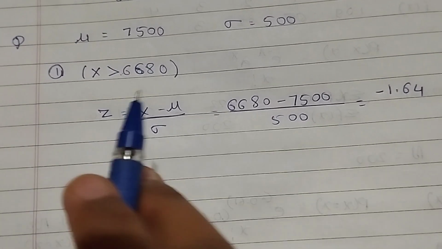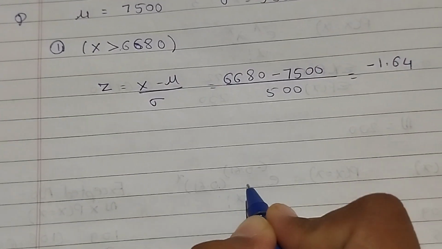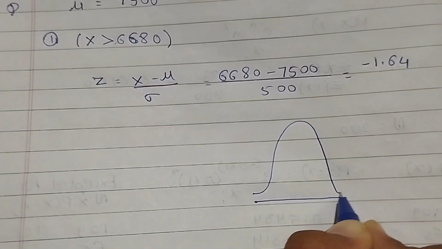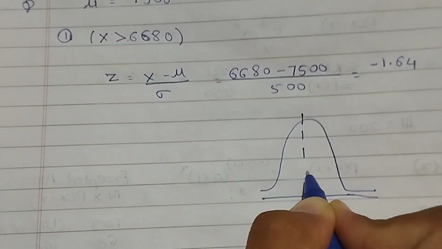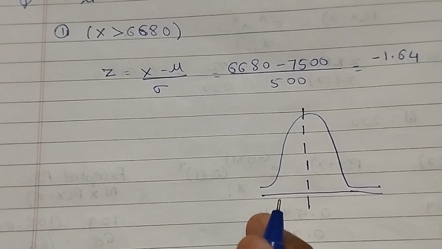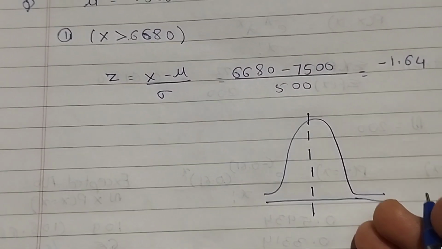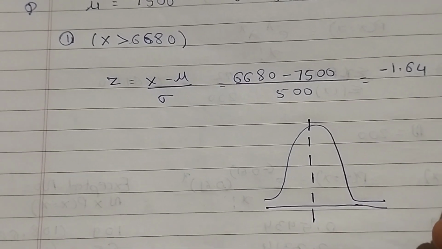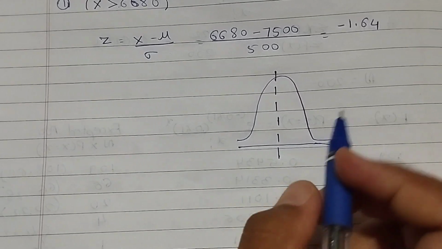For the first problem, we have found the value of z. Now draw the bell-shaped curve. Draw the mid value. On the left side of the midline the area of the curve is 0.5. Now let's suppose this line represents the number line.